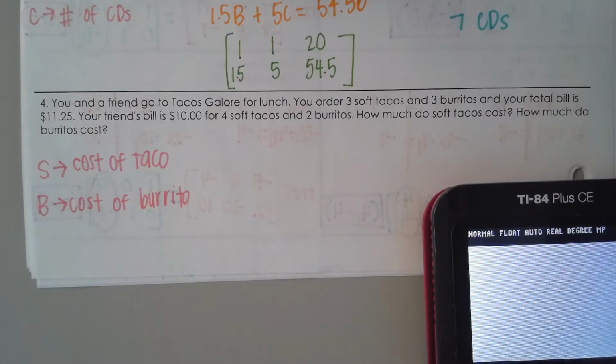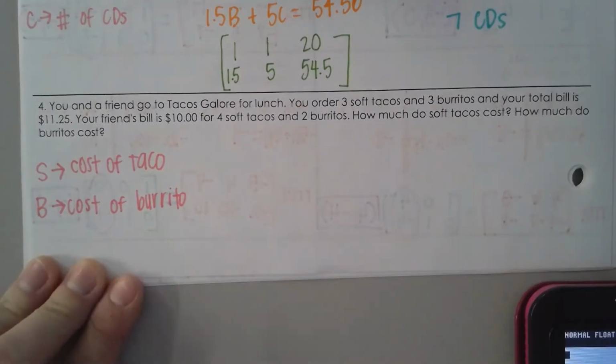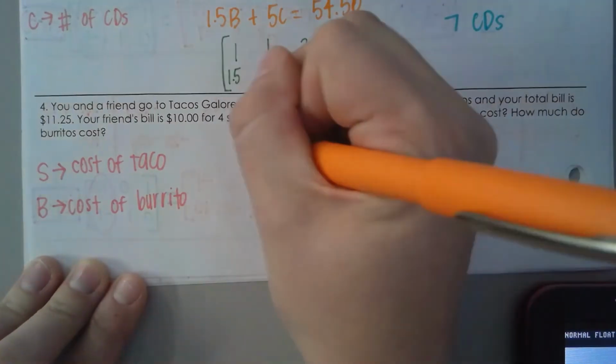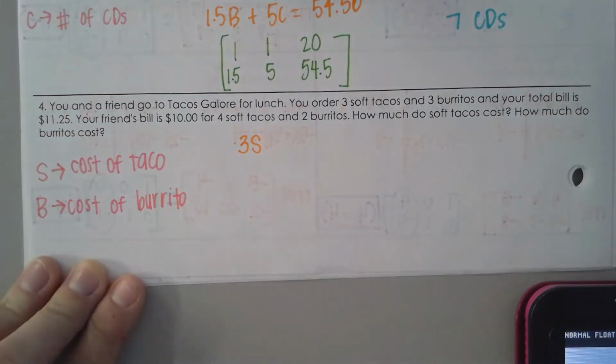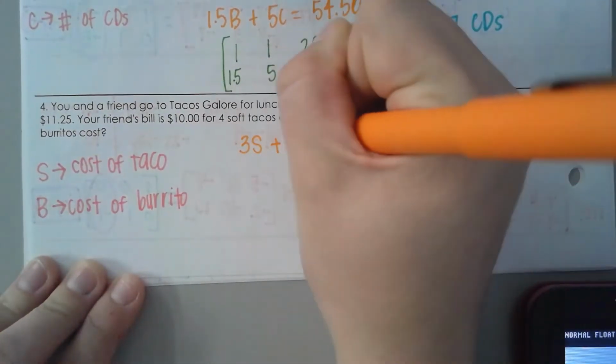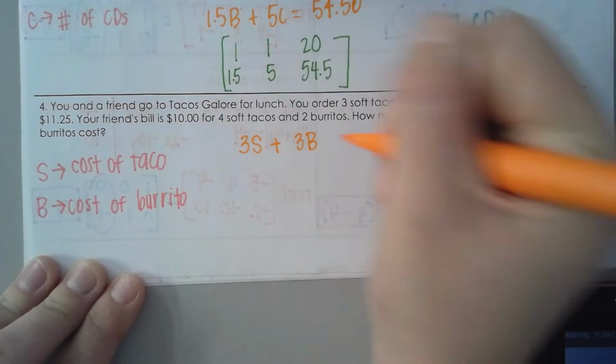So we're going to have an equation with your order and an equation with your friend's order. So what would our first equation look like? 3S. Got to put your variable because it's 3 times the cost. Plus 3 times the cost of the burritos.